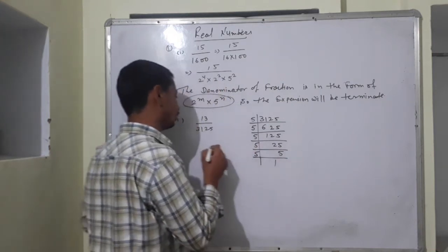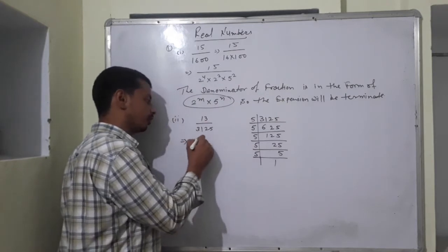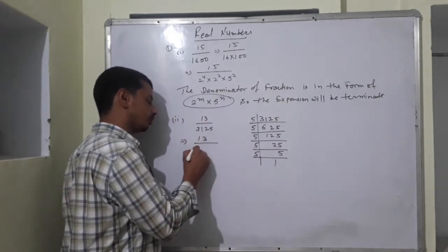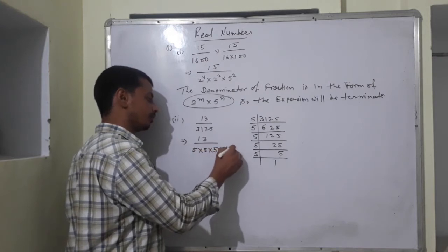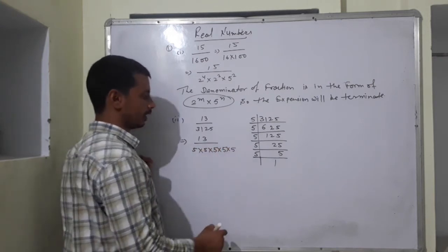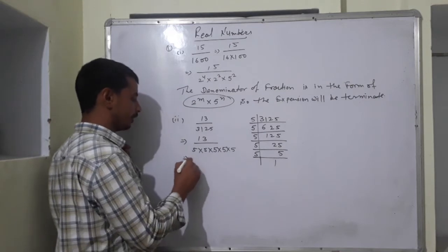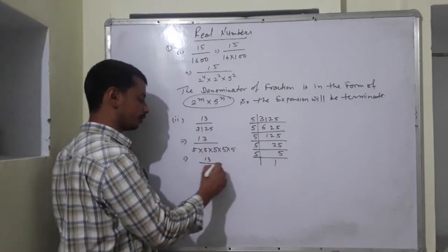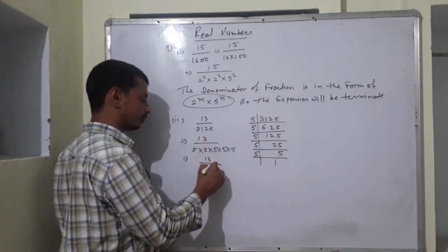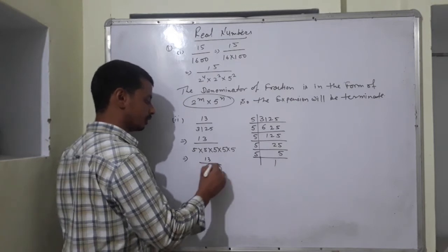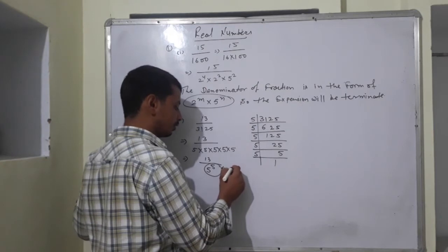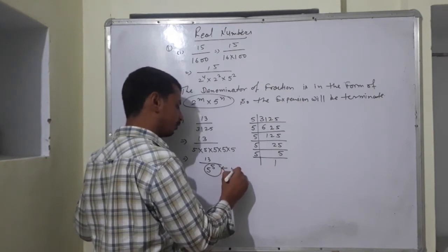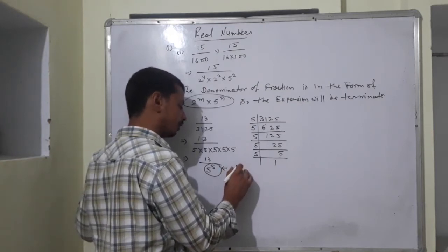Okay, so we can write in the form of 13 upon 5 multiply 5 multiply 5 multiply 5 multiply 5. Okay, and we can also write it as 13 upon 5 power 5. So the denominator of this fraction is in the form of 5 power n.